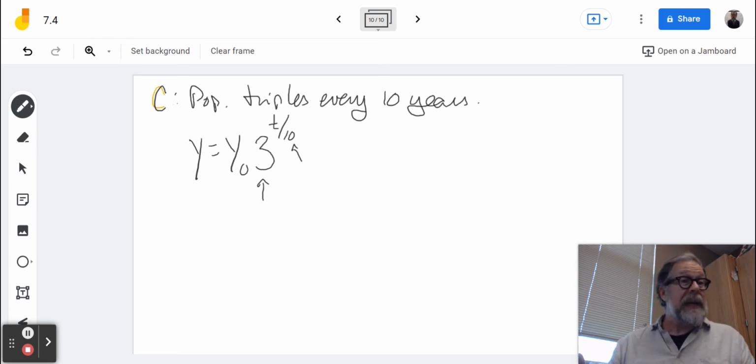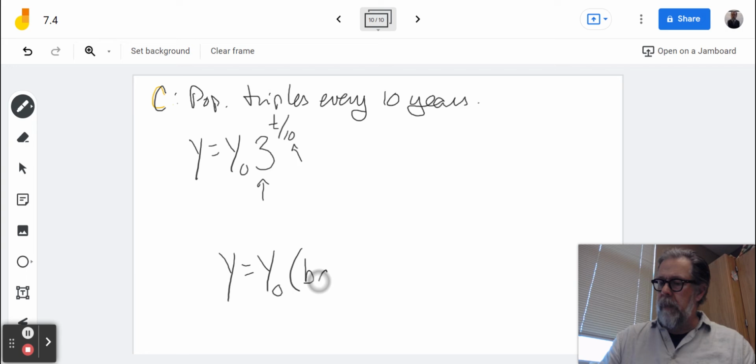Becomes really easy to write that equation. I don't even really have to do a whole lot of thinking about it. My equation is 3 because it triples and t over 10 because that's how long it takes to triple. So generally, y equals y sub naught base to the power of t over time to base.